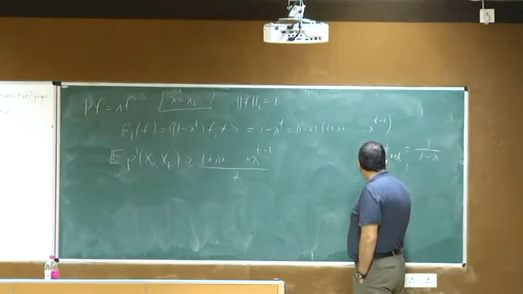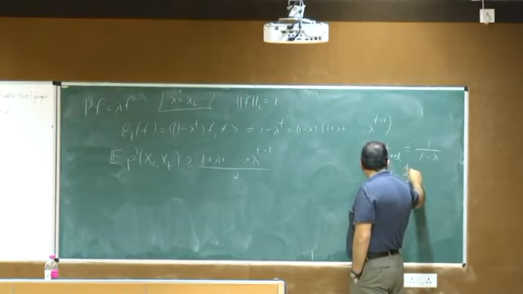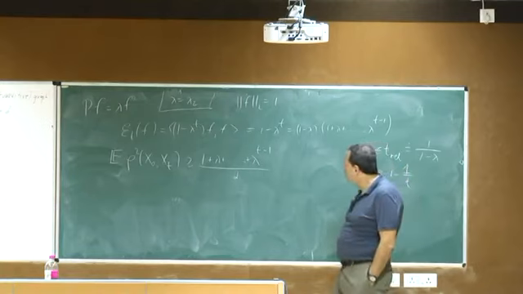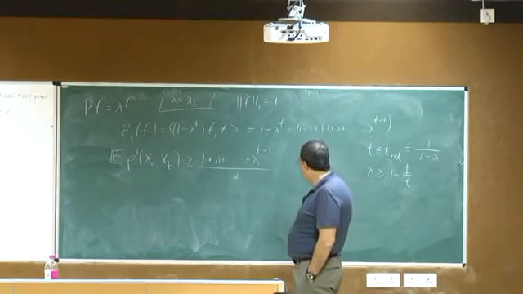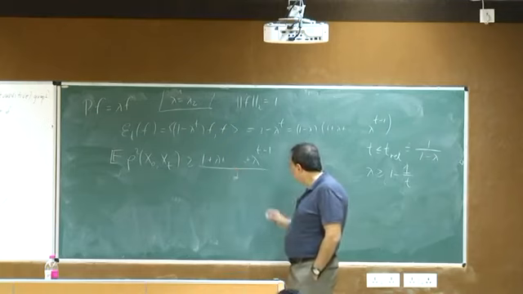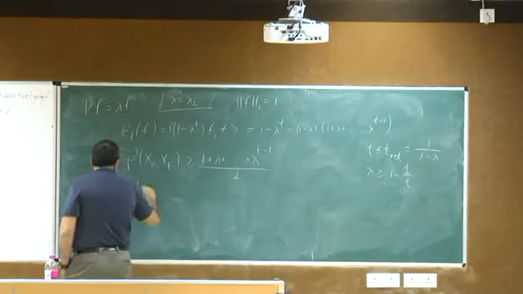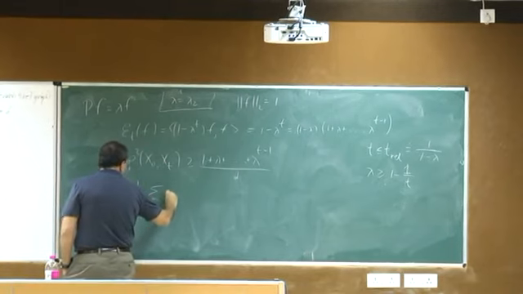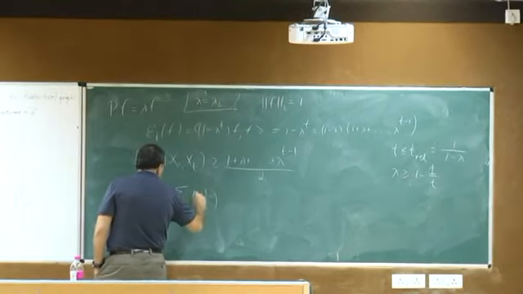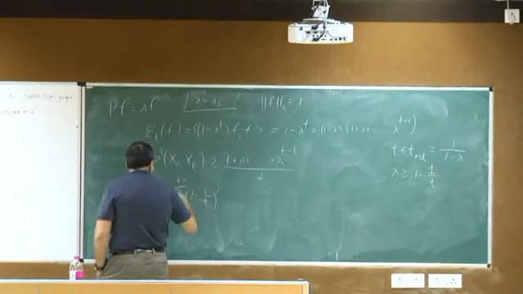So that means that lambda is bigger than 1 minus 1 over t. So this is bigger than 1 over d times the sum, for j equals 0 to t minus 1, of (1 minus 1 over t) to the j.